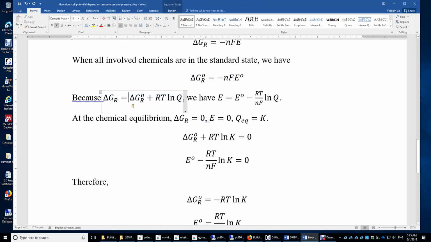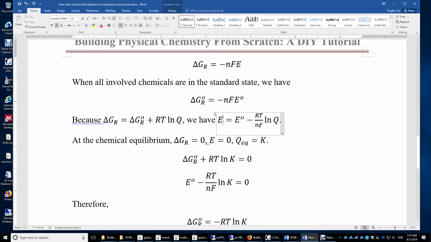Delta G of R equals delta G of R in the standard state plus RT ln Q. This Q actually takes the difference between the actual state of the chemicals and the standard state of the chemicals. And then similarly, we have the cell potential equals the standard cell potential minus RT over nF ln Q, because of this negative nF here.